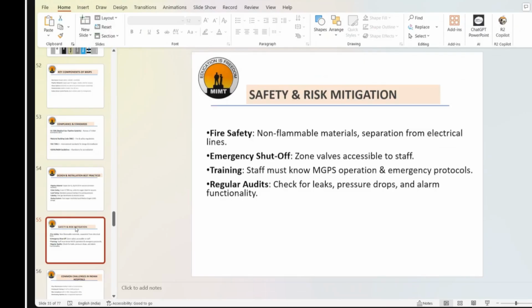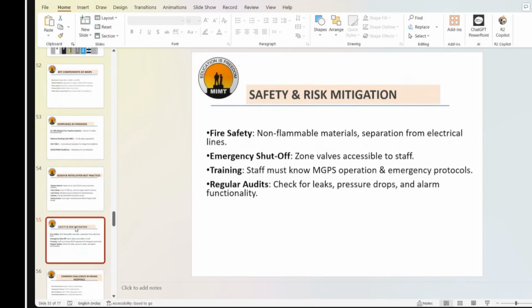The biomedical engineer makes a checklist and checks this on a daily basis. That is one of the routine jobs of the biomedical engineer. Under his guidance and supervision, he creates a checklist, and based on that, he does the regular audit of the various areas of the hospital.